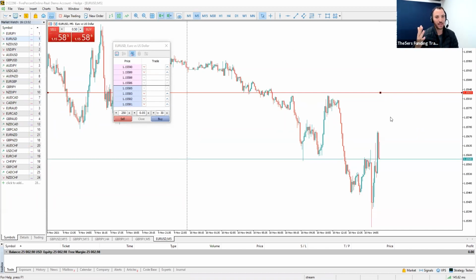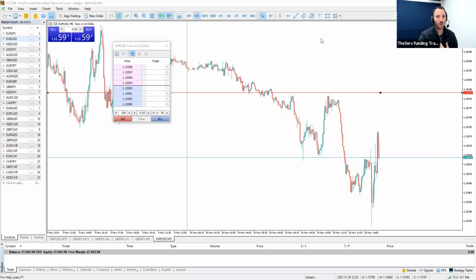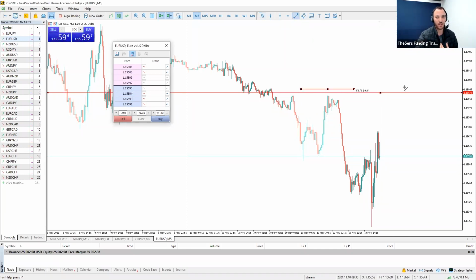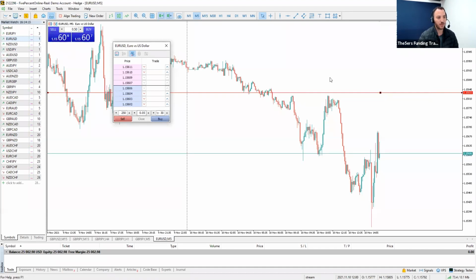But I won't be taking more risk than I should, and I will not be doubling up my sizes. And I have a predefined stop loss, which is right there. So it's very important not to misunderstand the scaling in technique as a martingale strategy or martingale system. But it's a great question.